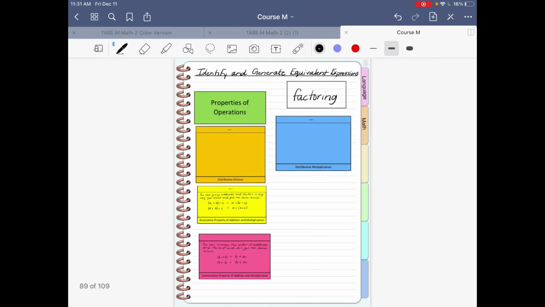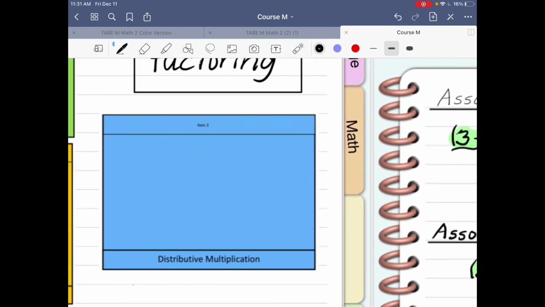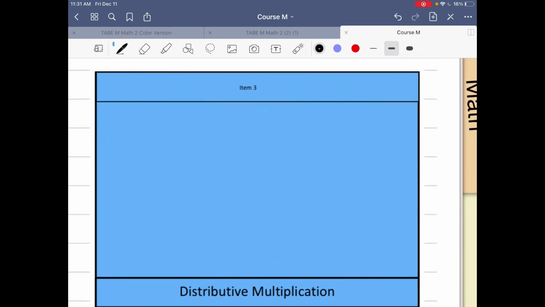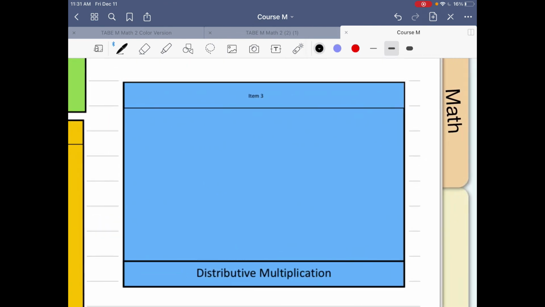Okay, going back, I want to look next at the distributive multiplication. So for me, that's this blue piece, distributive multiplication. For this one, I'm just going to give you some examples here on the card, and then we'll do some more over on the examples. But let's start with this one. 5 times 6 plus 3.